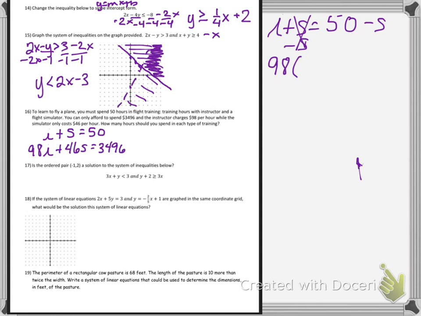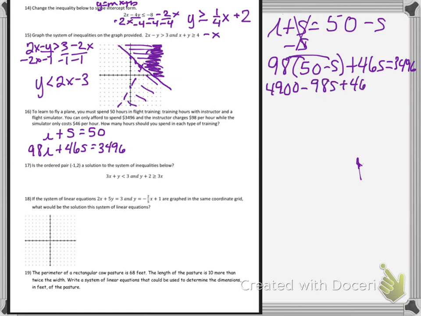Instead of I put 50 minus S, and then I still had 46S is 3496. And then I distributed, and I got 4,900 minus 98S plus 46S.